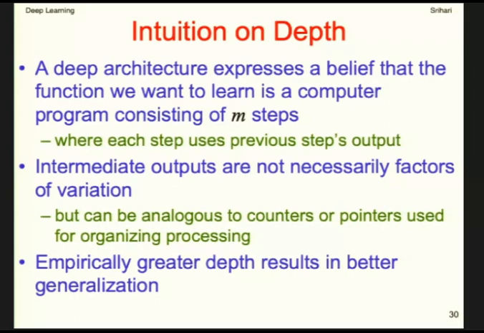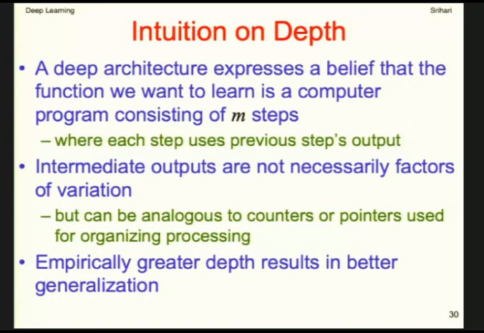There's no right way, but the deep architecture expresses the belief that the function we want to learn has m steps, where each step uses the previous step's output, and the intermediate outputs are not necessarily factors of variation. They're analogous to counters and pointers. And empirically, greater depth results in better generalization.